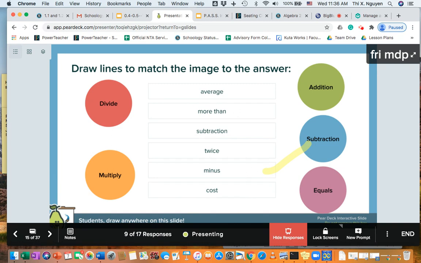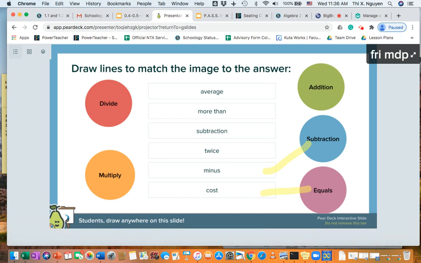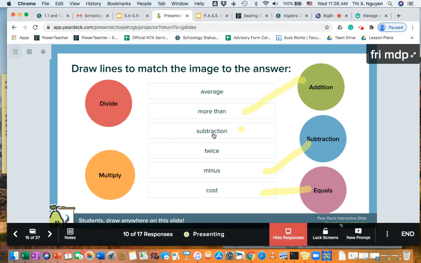Just drawing the one that you know, and hopefully the other people can see it. I'm like, oh, I know this one. So cos, okay, cos is equal, good. Subtraction is, right here, subtraction should be what? It's obvious right here.